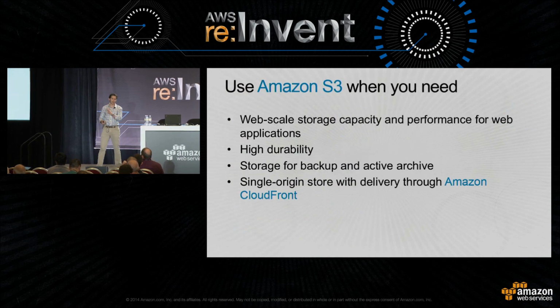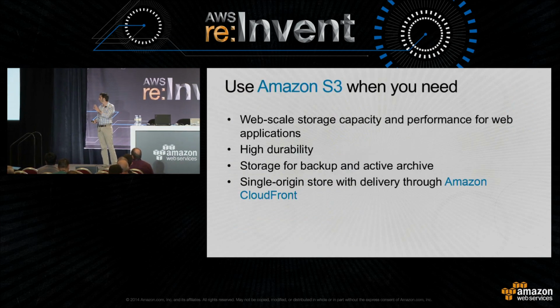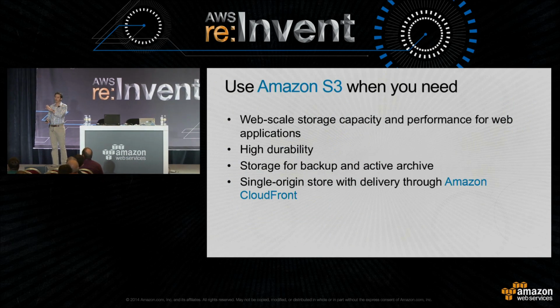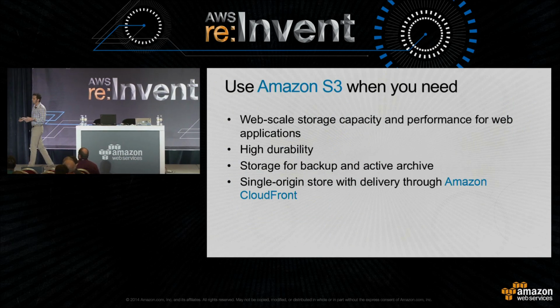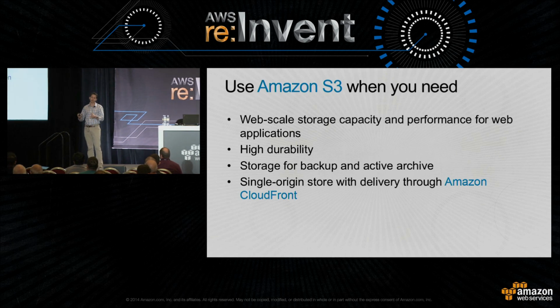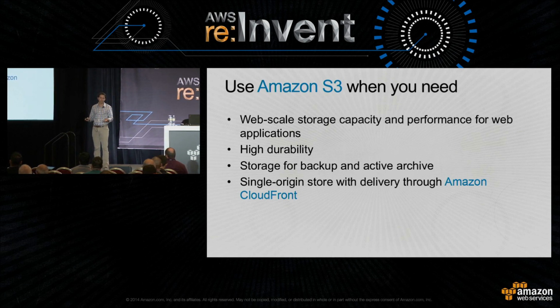So just to summarize S3, where do you use object storage, AWS object storage, and specifically S3? You want to use it when you want to focus on developing or managing your application, not having to worry about capacity or performance, and just benefit from the web scale nature of S3, regardless of what types of performance and capacity peaks you may experience.